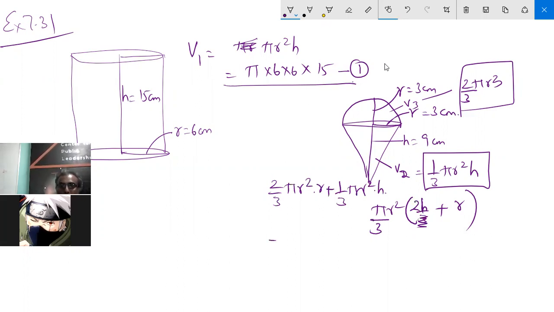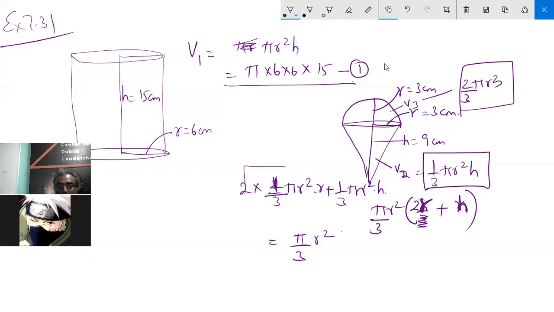Now what you have to do, pi by 3 r squared, this is h, this is 2r, correct? 2 into 1/3 r squared into r.